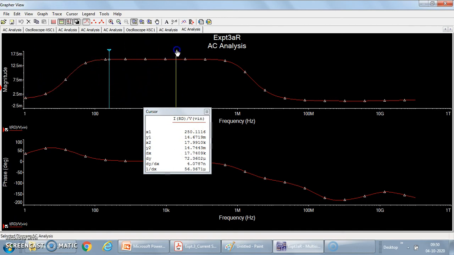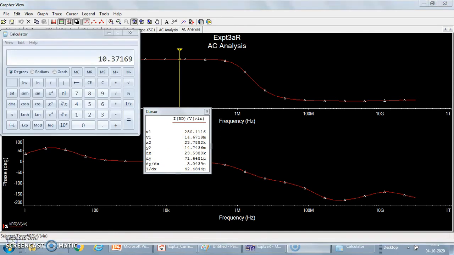The maximum gain we are getting here is 14.73, I think maximum gain 14.74. If we take 70.7% of the maximum value 14.7, it comes out to be 10.37.